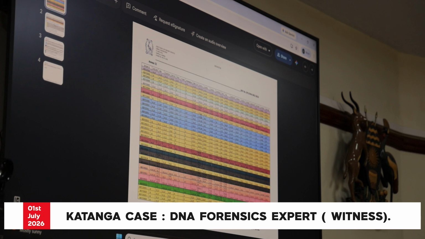That's the table. Yes, this is the colour version of the table, which is attached to the DNA report. Can you just expand and go to Mole Katanga? Okay.